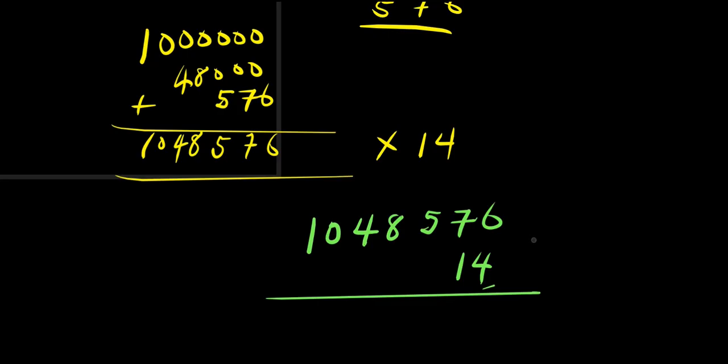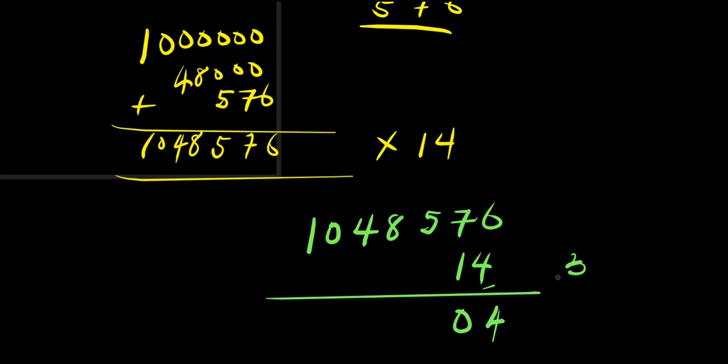That is 24. Then we have 4 and carry over 2. Then we have 4 times 7. That is 28. 28 plus 2. That is 30. So we have 0 and carry over 3.